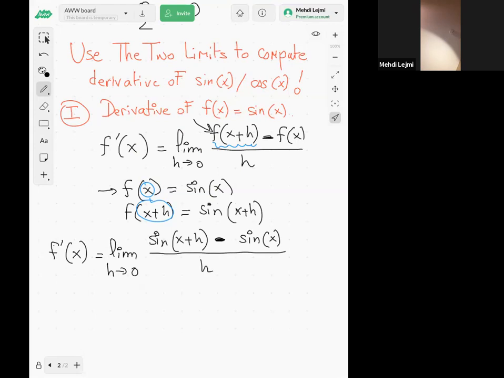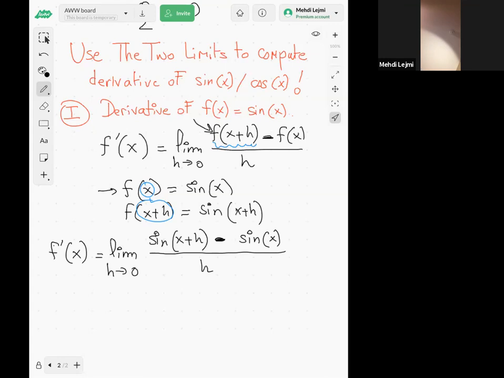Again, guys, just be careful. You cannot separate the sine from the x plus h. For example, here you cannot cancel out the h. It's not because you have an h in the top and an h in the bottom that you can cancel out the h's. That's the sine of the angle x plus h; they come together. You cannot separate the x plus h from the sine. So I want to compute this limit.